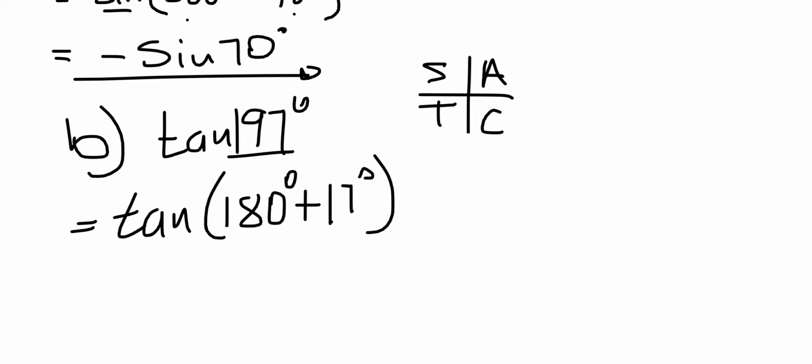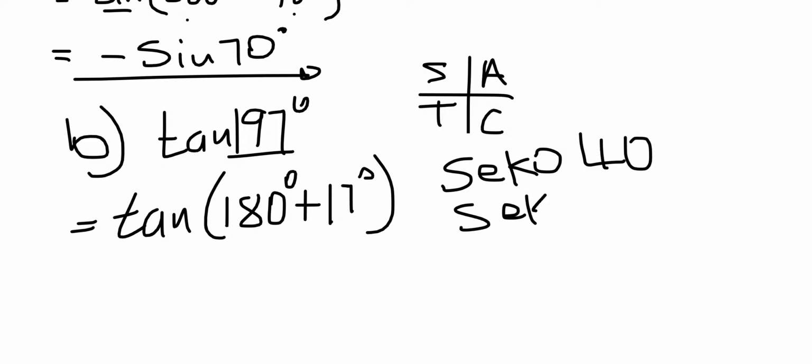Imagine you being given, let's say, Seko as my surname, Seko 40. I can still rewrite it as Seko, but in brackets, instead of writing 40, I can just say 30 plus 10. 30 plus 10 is still 40, so I did not change anything.